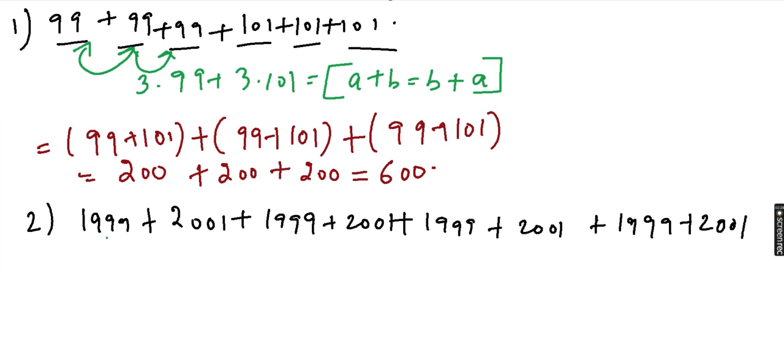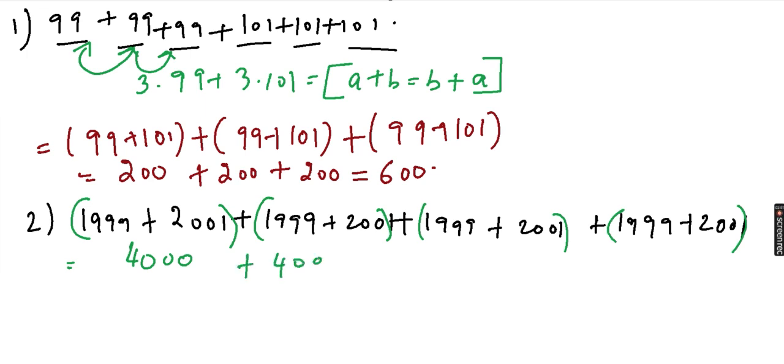Fine. So when I look into the question, you can see that the grouping is done already. So you can just add 1999 and 2001. Okay, we will try to group all this as one value. So 1999 plus 2001, it's going to be 4000.